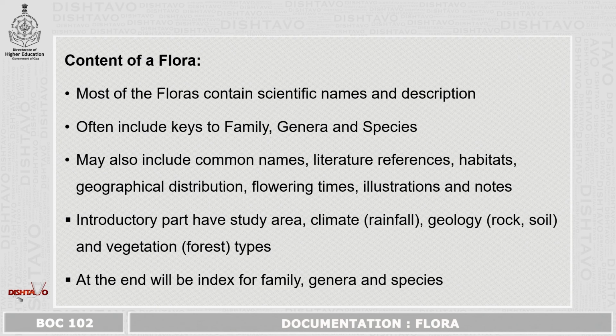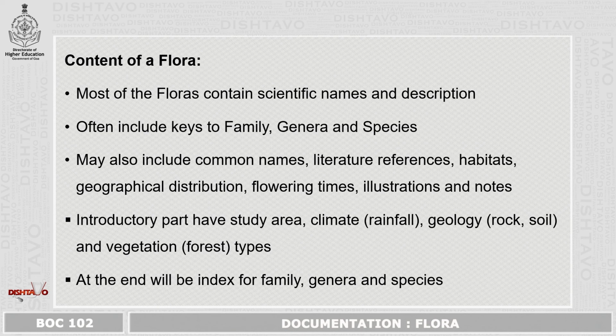Introductory part will have study area, climatic condition of the region, especially rainfall, which will play a very important role in the floristic distribution, geology, rock and soil types of the region, and also vegetation type, particularly the different types of forest types.